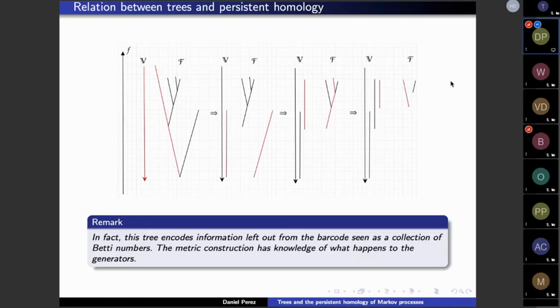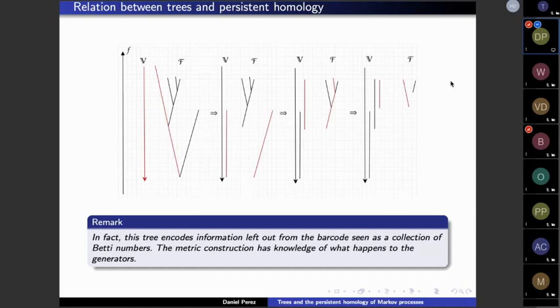And okay, now you can say, this is nice, but what happens if we have an infinite tree? There's a little bit of a complication, but in general, one can see that it should work. And so, in fact, this tree actually encodes more information than the barcode when we see the barcode simply as a collection of Betti numbers at every single point.